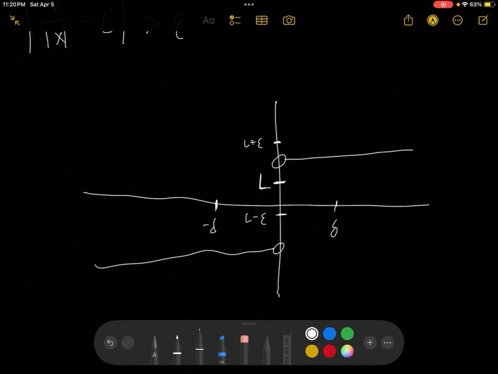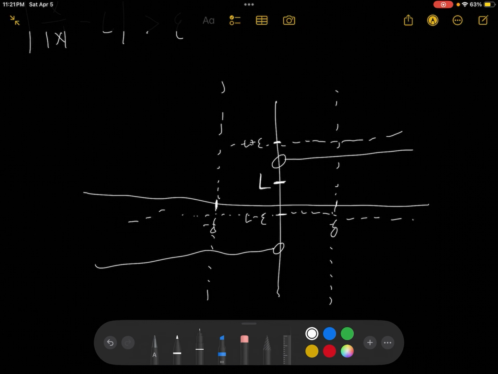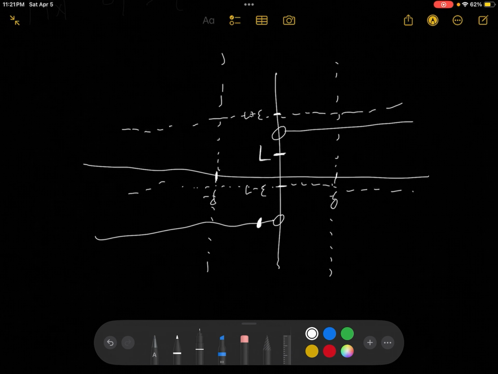And what we need to do is choose some x value where x is inside this delta radius and outside of this epsilon radius. So if we chose this value of x right here, this would prove that the limit of this function is not equal to L. Then we just need to repeat that process for every L.